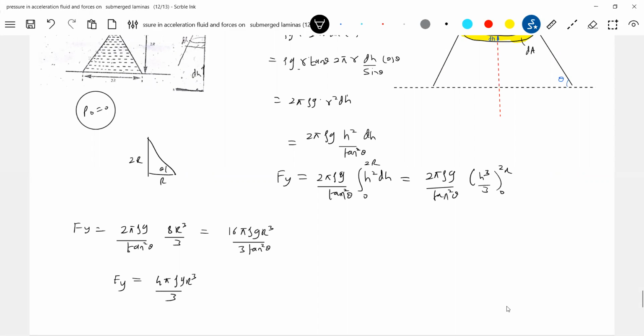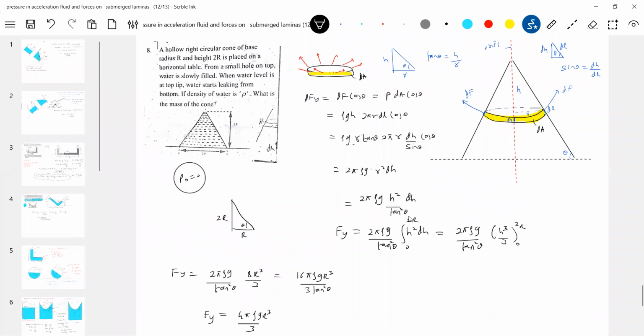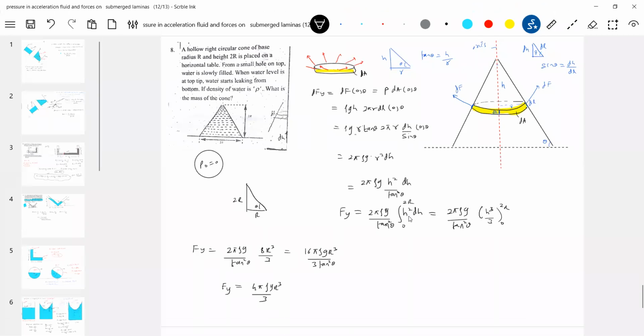What is this? This is the total force exerted by the liquid on the cone. Agree with this? So shall we write here, total vertical thrust, or net vertical thrust exerted by liquid on the cone.